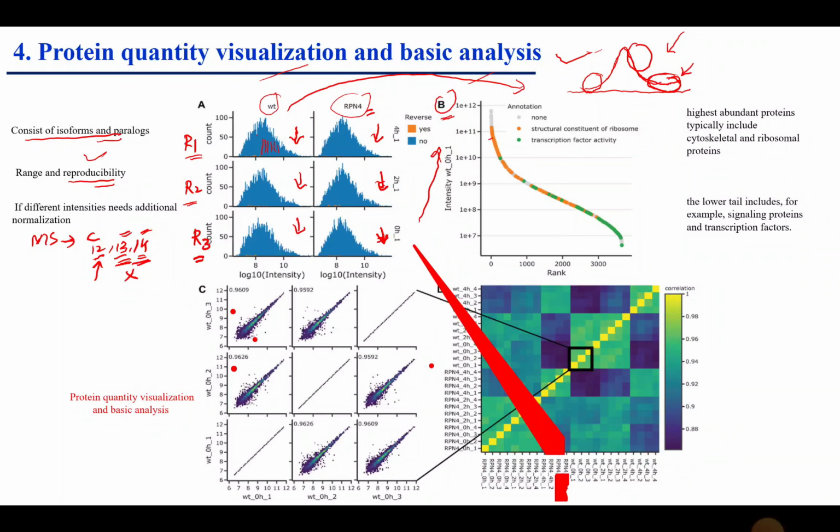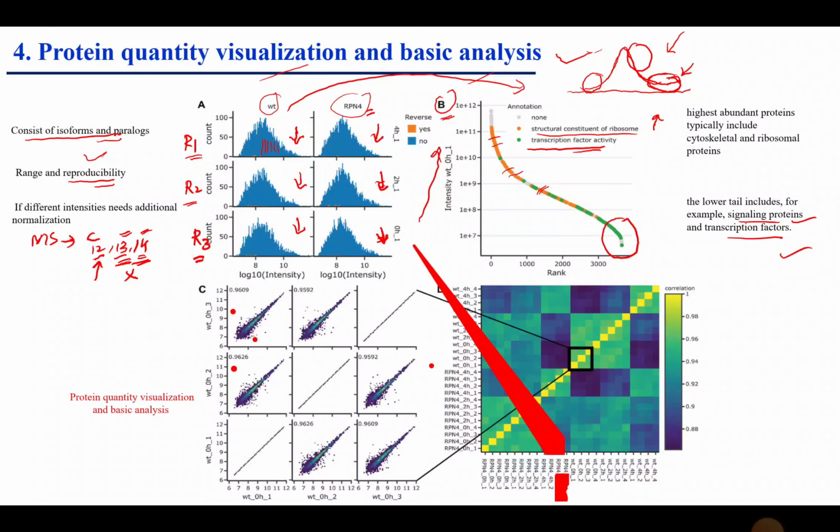You can see here the color shows these are mostly the structural components of different ribosomes because they are abundant in nature. Our main data of different abundant proteins would be available here. The green color shows the different transcription factors and different signaling proteins which are essential for any biological question.